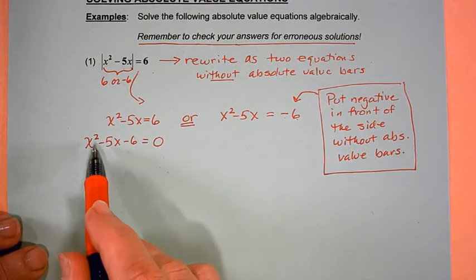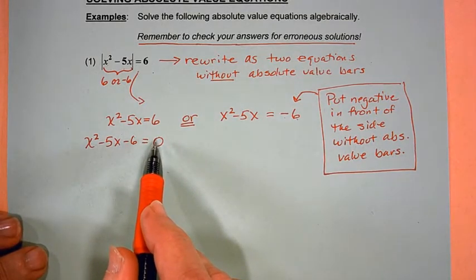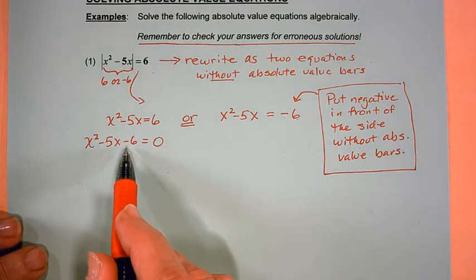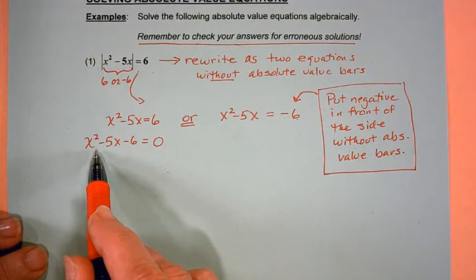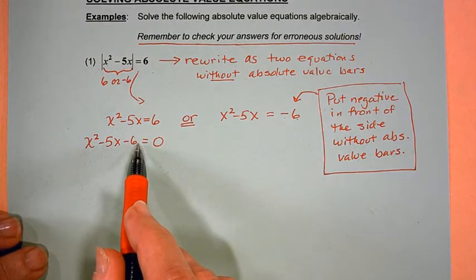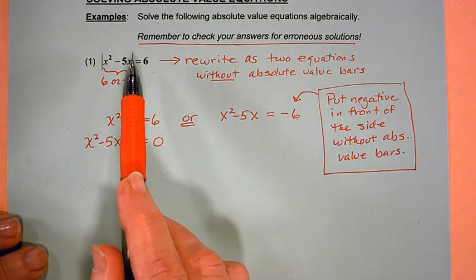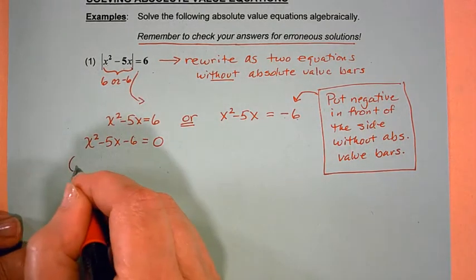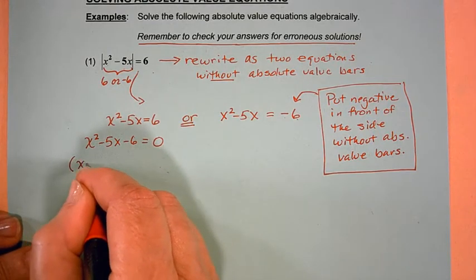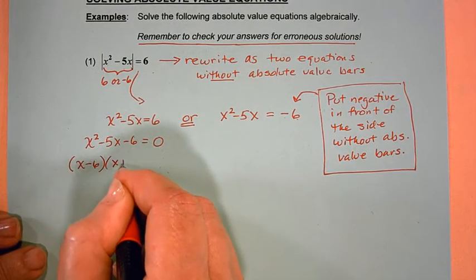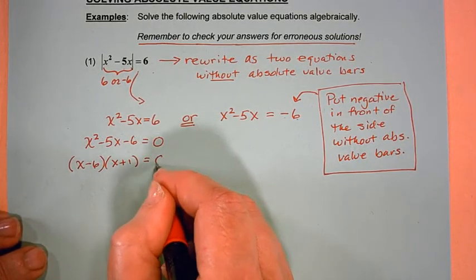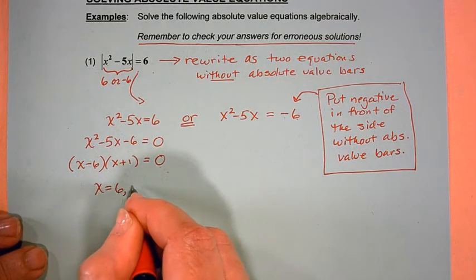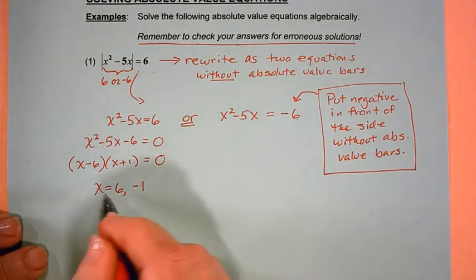I don't care if you use the quadratic formula or factor it, but you will find that most of these quadratic equations are very simple, so it's actually easier to factor them. This factors into x minus 6 times x plus 1, which gives me values of x equals positive 6 and negative 1. So I got two values from the first one.